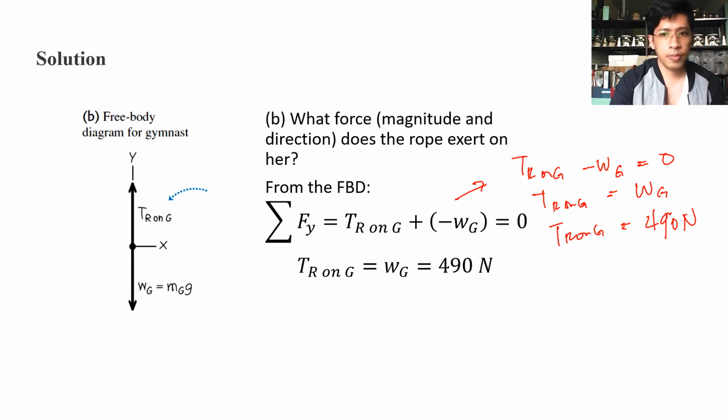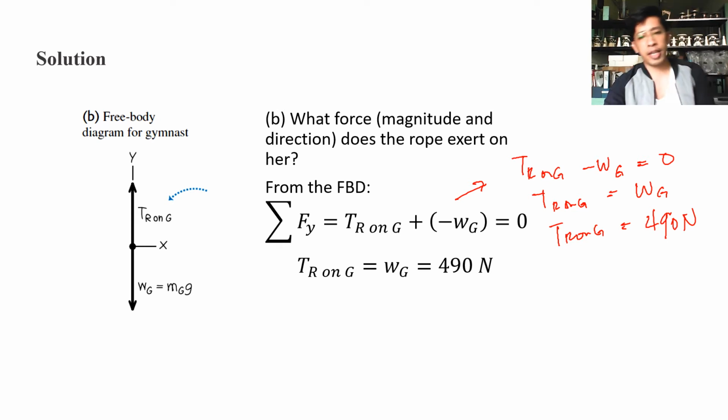What happens, by the way, if the rope is exerting a greater force than the weight of the gymnast? If the rope is exerting a larger force than the weight of the gymnast, meaning the gymnast will accelerate upwards.